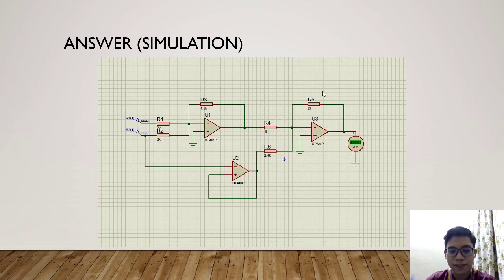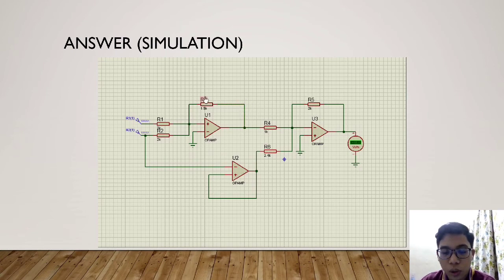So this is the answer for the simulation of question 4. As you can see in the circuit, in order to get the output voltage for question 4, we are using 3 op-amps and 6 resistors. The resistors have been set up with the values of 2 k ohm, 4 k ohm, 1.5 k ohm, 2.4 k ohm, 1 k ohm and 2 k ohm.